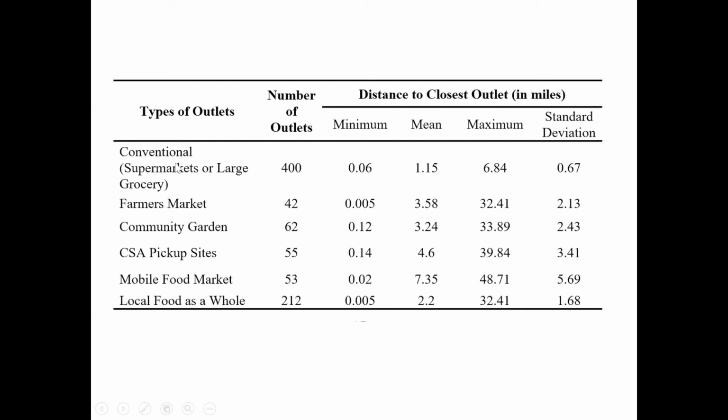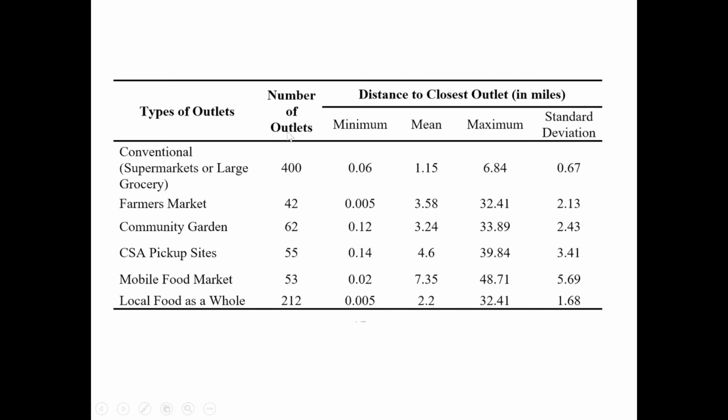If you look at the conventional retailers, for instance, supermarkets, large grocery stores, the average travel distance, looking at all the neighborhoods, is 1.15 miles. And if I look at local food as a whole, it's about 2.2. But again, we have relatively fewer local food outlets compared to the conventional retailers.